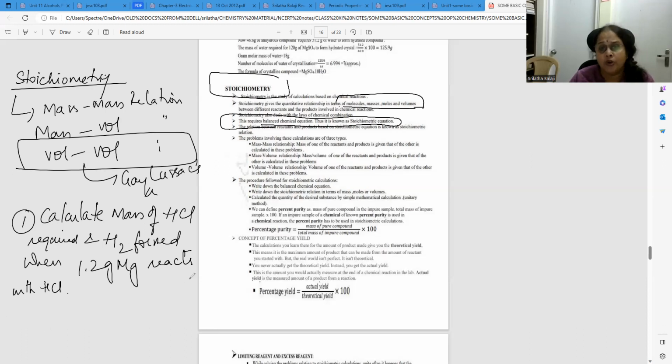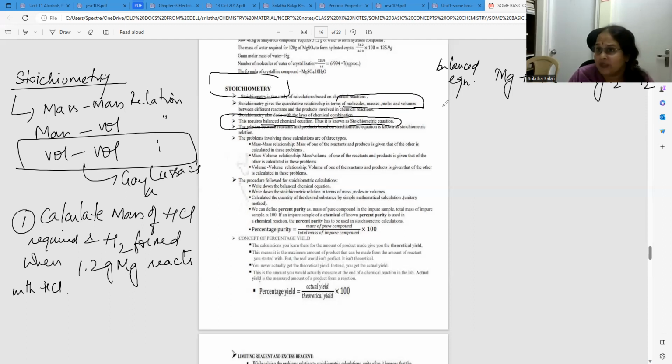If I want to know this, first thing first, I need the balanced chemical equation. Magnesium combines with HCl to give MgCl2 plus H2. Is it balanced? No, so I have to balance.